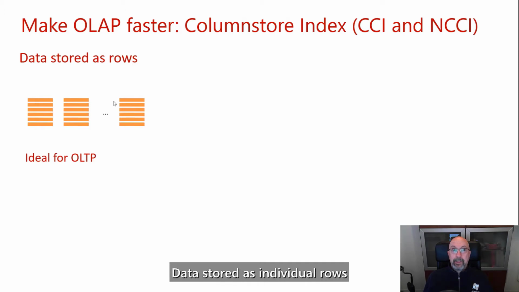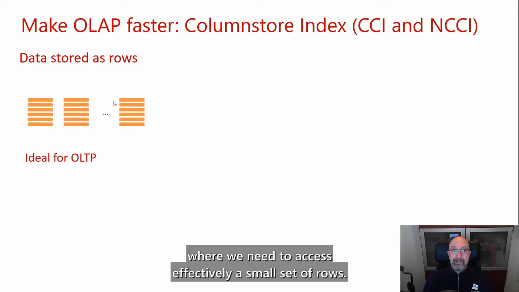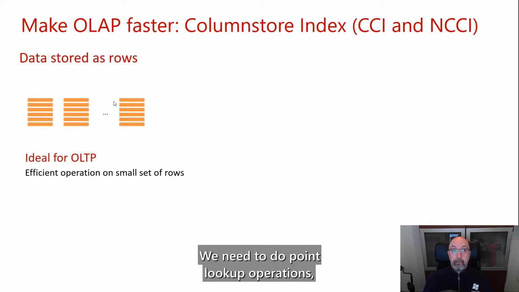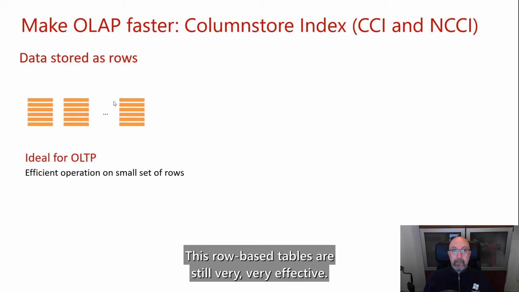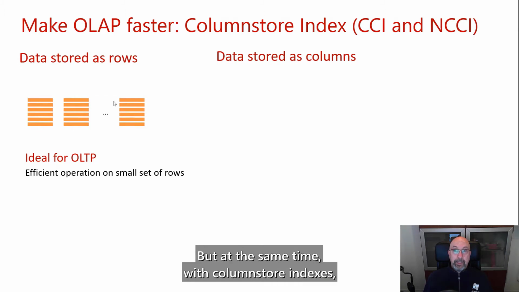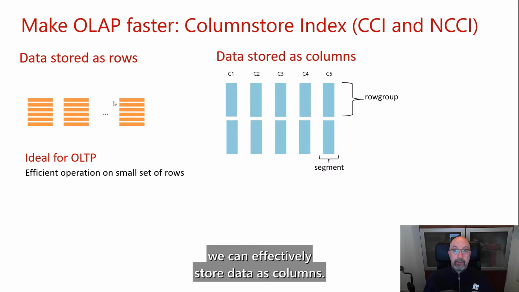The data stored as individual rows is ideal for OLTP type of workloads, where we need to access a small set of rows. We need to do point lookup operations, modifying data in one or more columns of a small set of rows. These row-based tables are still very, very effective. But at the same time, with column store indexes, we can store data as columns, right?